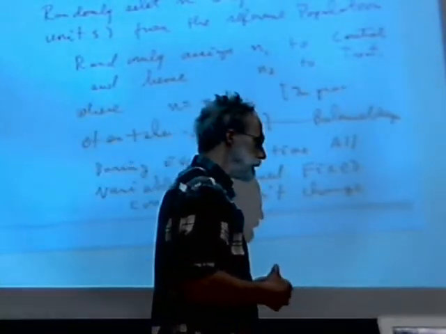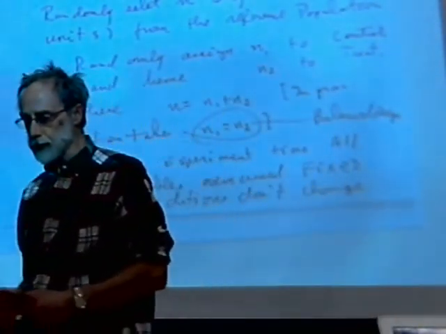Then the animals have exactly the same food, all right? You try to keep everything under control. In fact, the animals you select from your reference population will be very similar, right? Usually they're experimental animals, and they will be very similar. The more similar, the better.